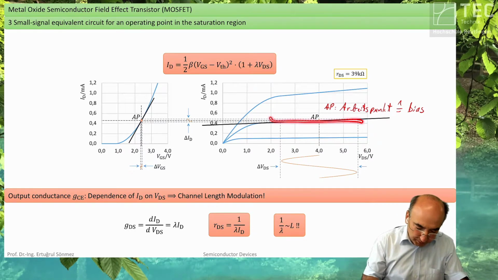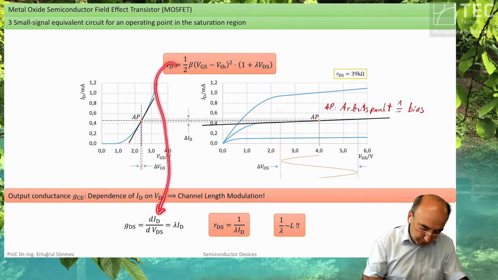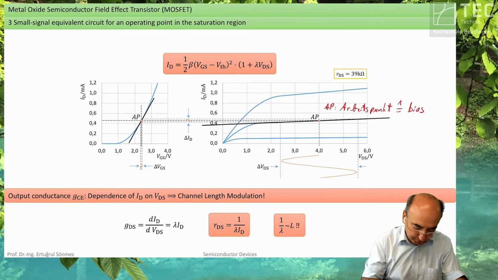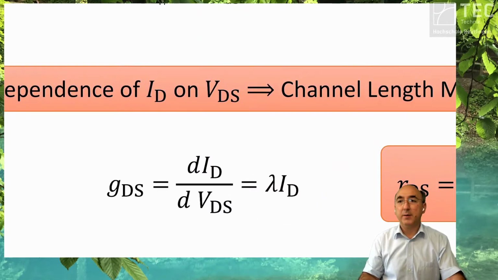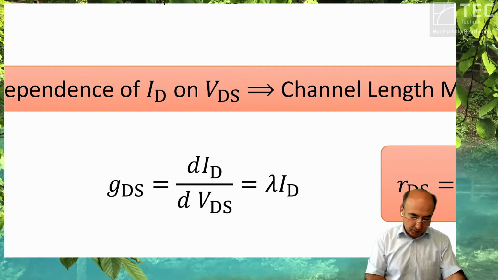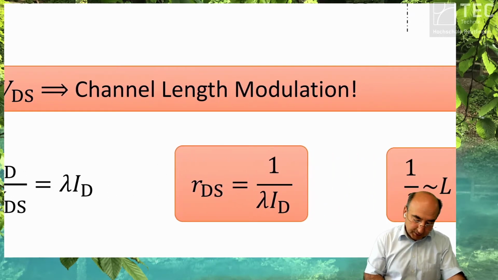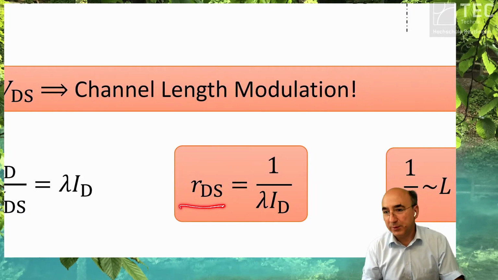And this slope, if you put in here the first derivative, we get lambda times ID. What does that mean? So the slope is conductance, but we need the resistance. It's 1 over conductance.